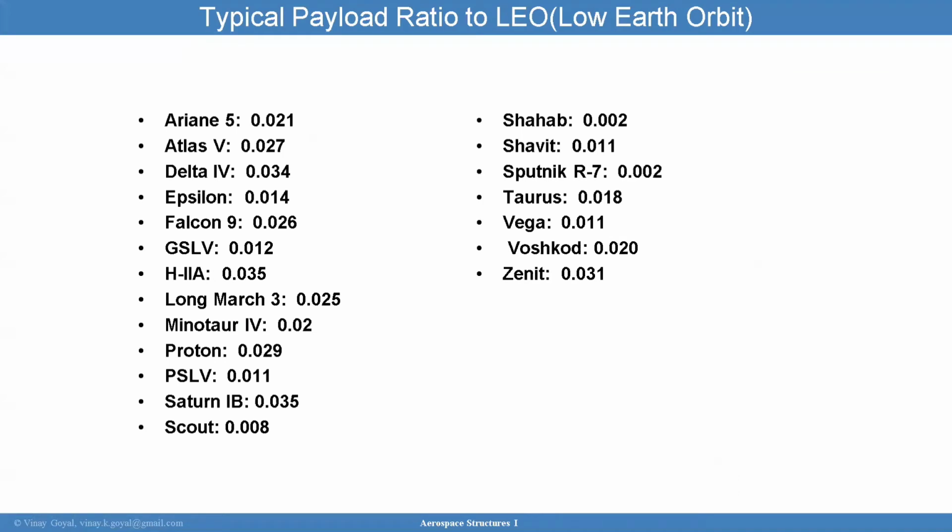The typical payload ratio to low Earth orbit, you can see the various values here, typically in the range of 1% to 3%. And in essence, those are the ranges.